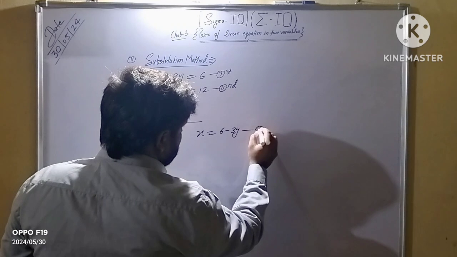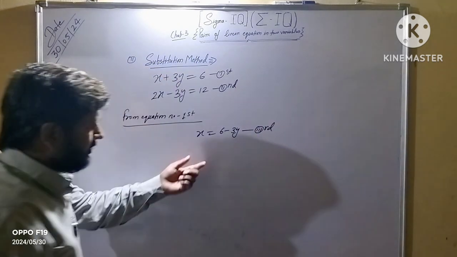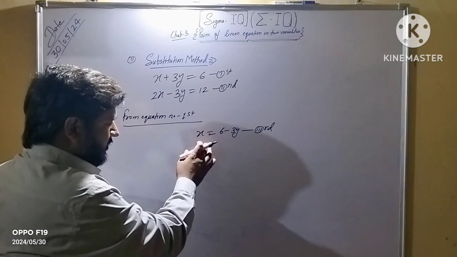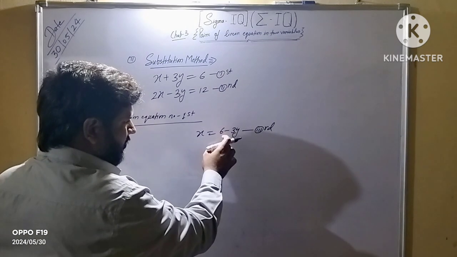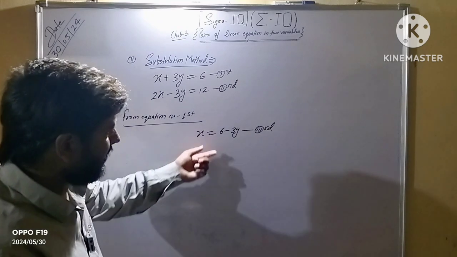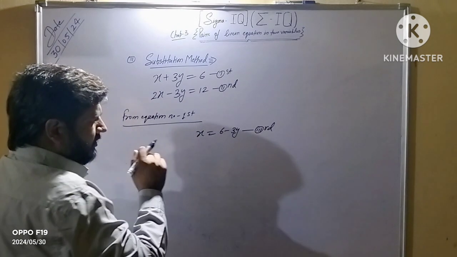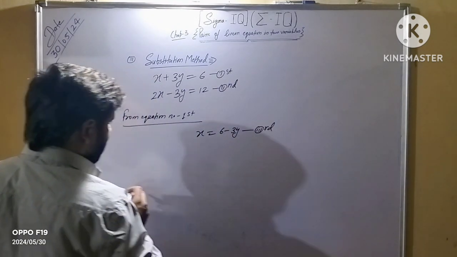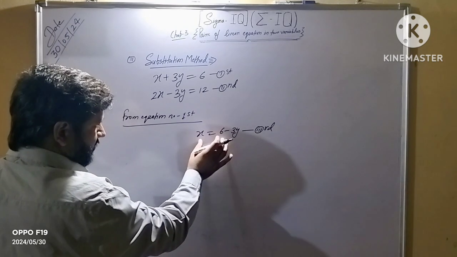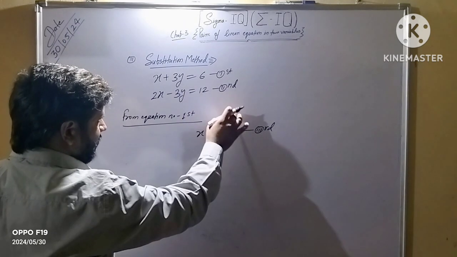Equation number third. See here, variable x in terms of y. This is a single variable. We write a single variable in terms of the second variable. Next step, put the value of x equal to 6 minus 3y in equation number second.